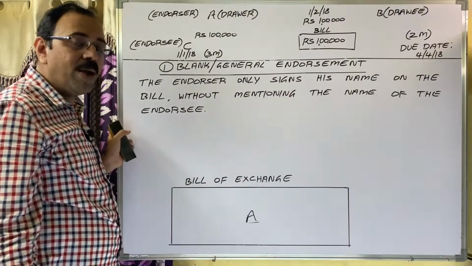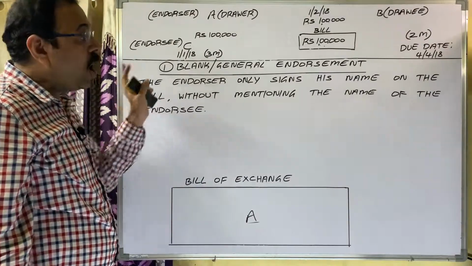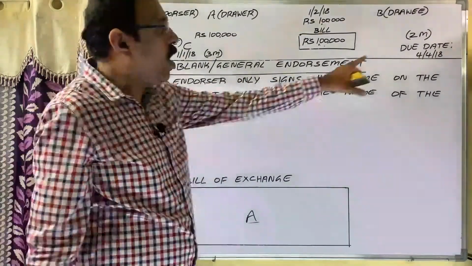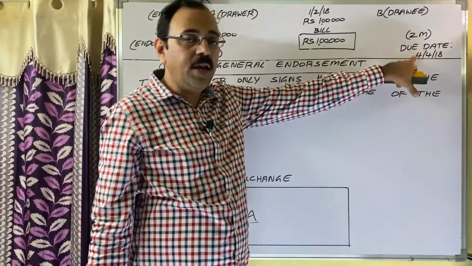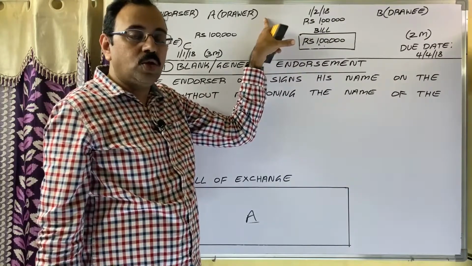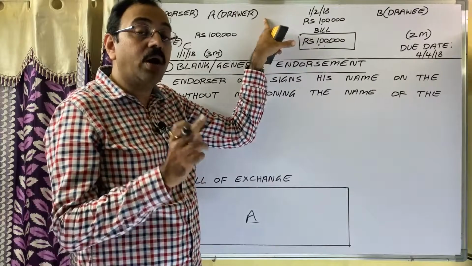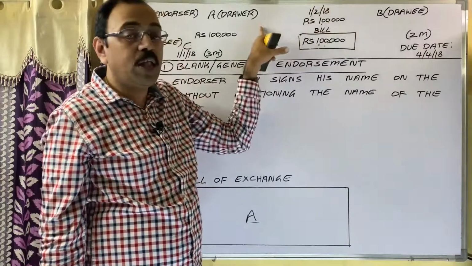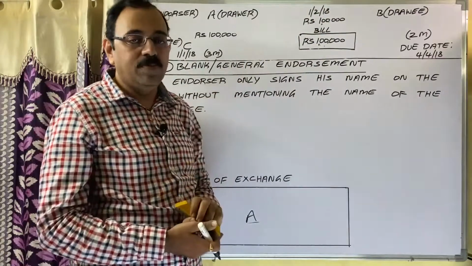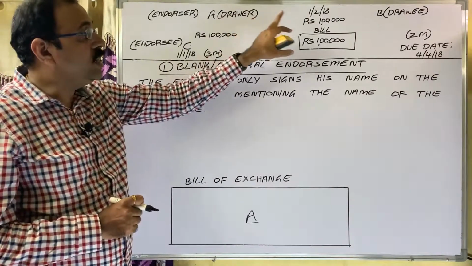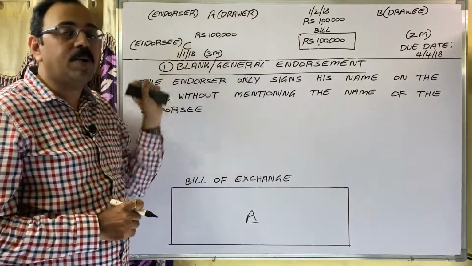So the effect of blank endorsement is that an order instrument will become a bearer instrument. On 4/4/18, B has to pay 1 lakh rupees to A. So this is called an order instrument, because to whom does B have to pay the money? Only to A. Blank endorsement, what happened? A is transferring the right on the bill to another person.